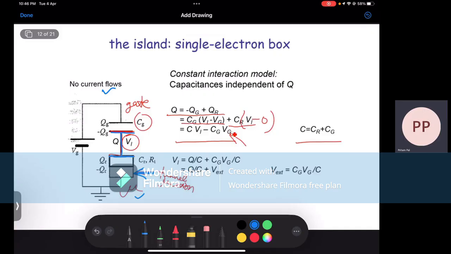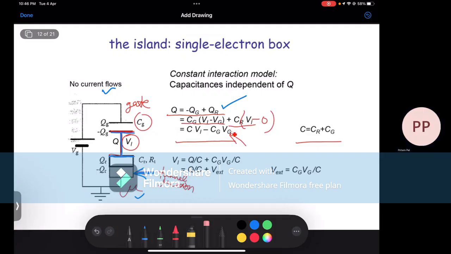So plus the charging used by that, so qg plus qr in the first equation. And now you also have capacitance to the reservoir cr and capacitance to the gate cg, and the total capacitance is the sum of these two individual capacitances because they both go to the fixed potential outside.